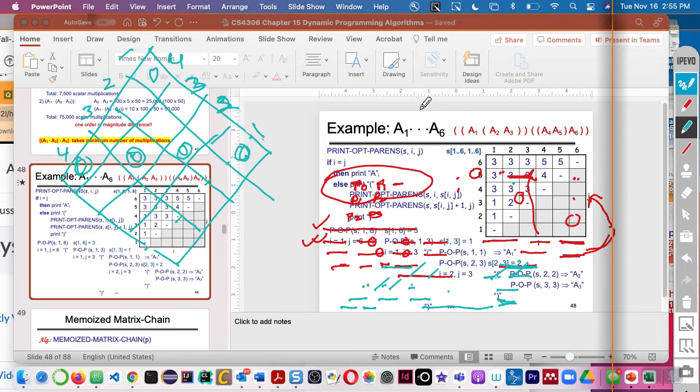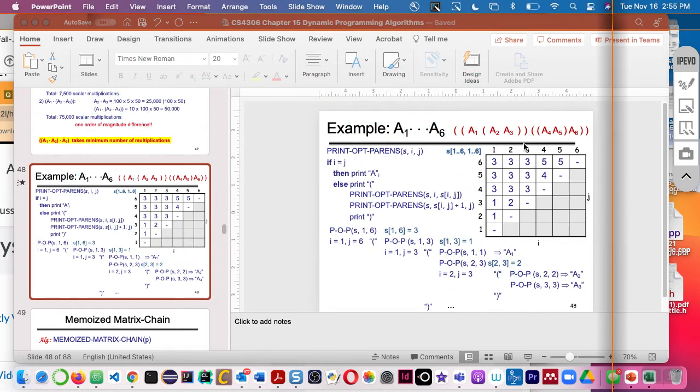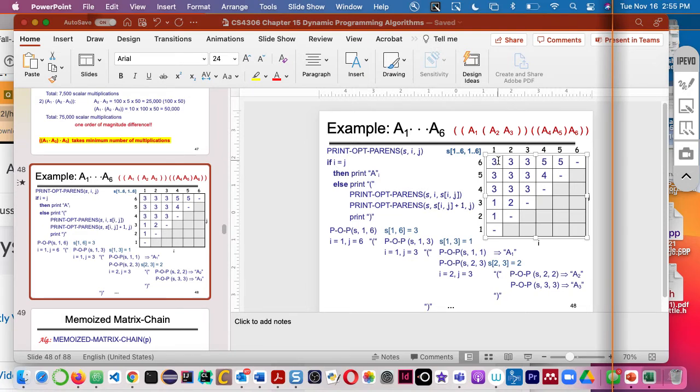Or some books may have 0 0 0 0 and then come this way. Whatever you follow, that way. Actually, the corner value will give us the final order.